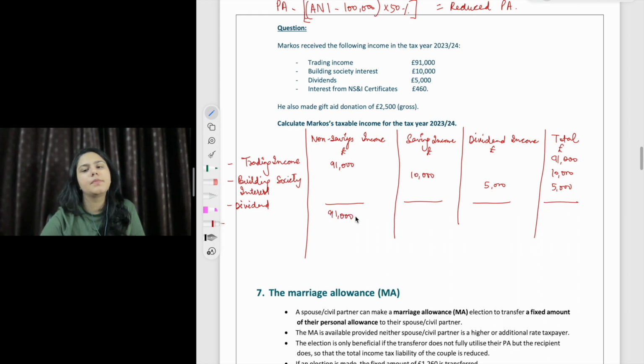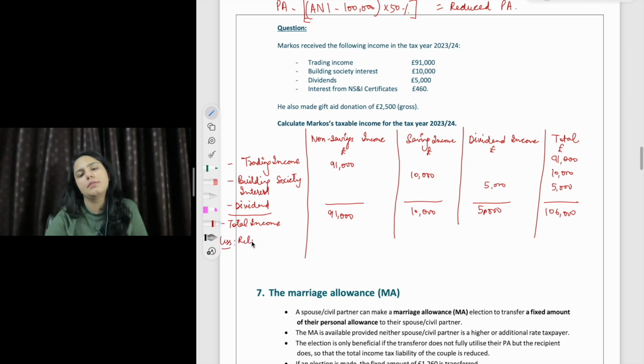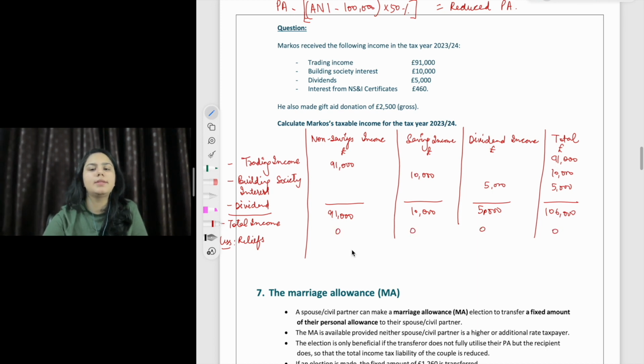So therefore the total is going to be 91,000 plus 10,000 plus 5,000, which is 106,000. So this is my total income. As there are no reliefs here, total income is my net income, because reliefs are 0. Let's show it less reliefs: 0, 0, 0, and 0.